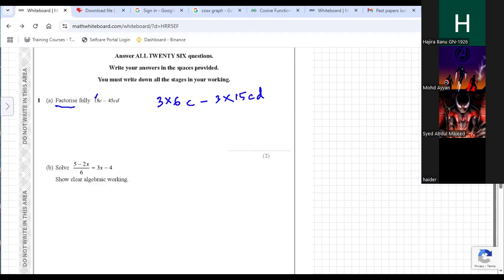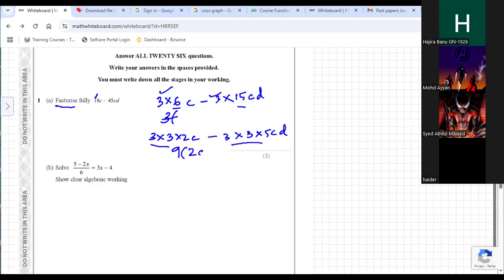Then we can take 3 common, and then we can take 3c common. Again, we can put here 3 times 2c minus 3 times 5cd. So now you see 3 times 3, 9 is common actually.